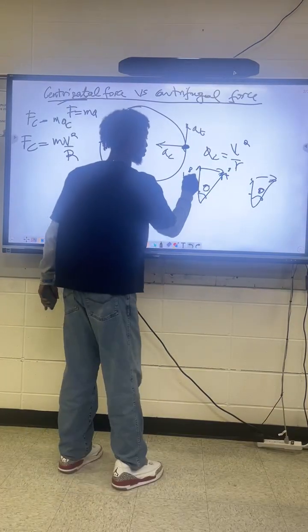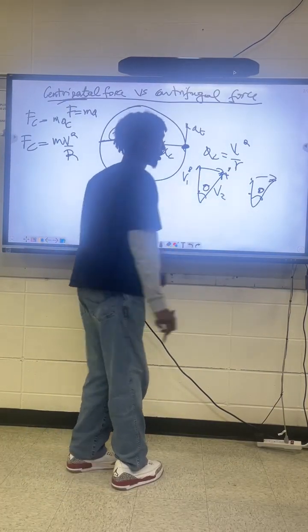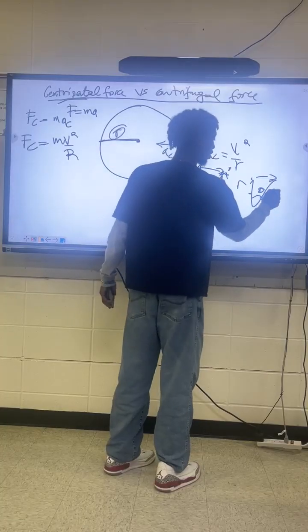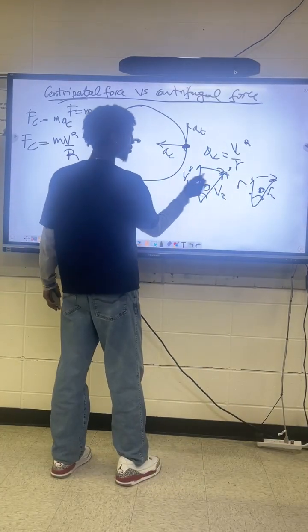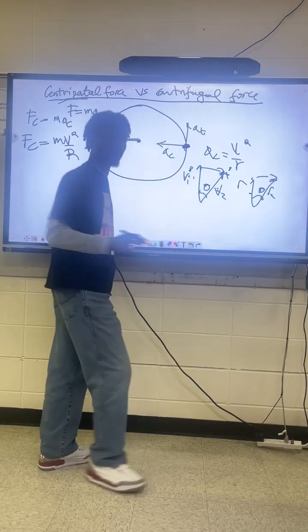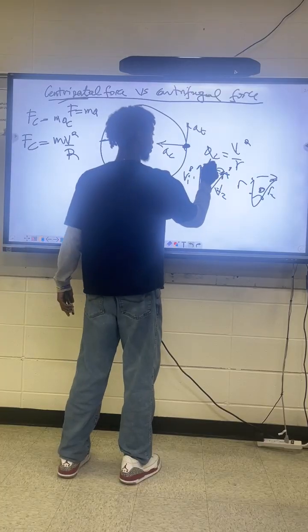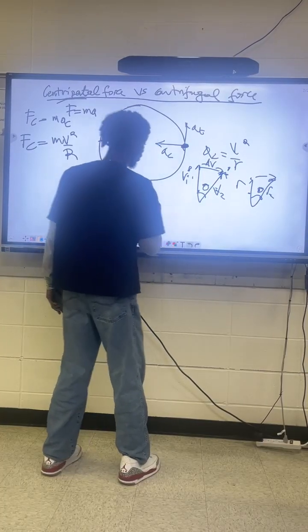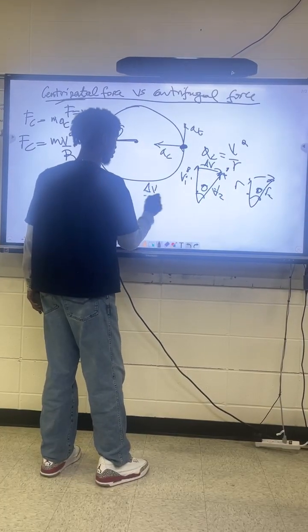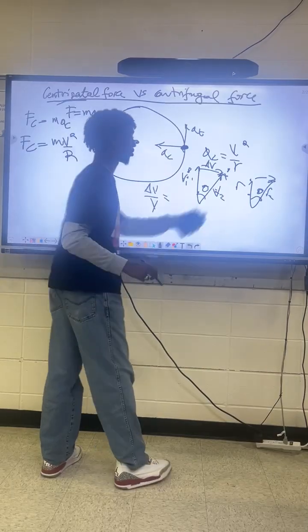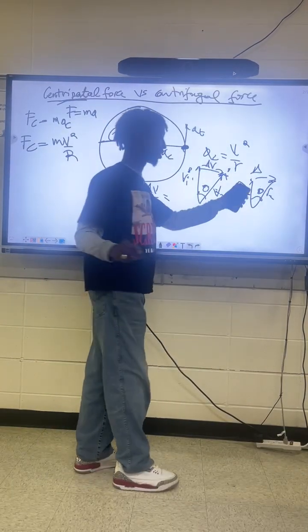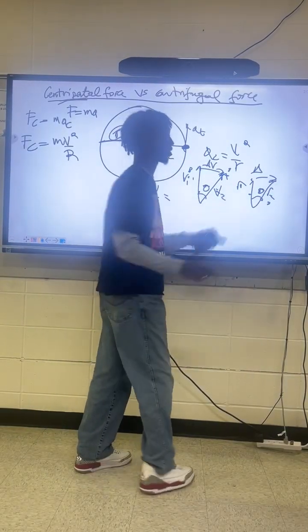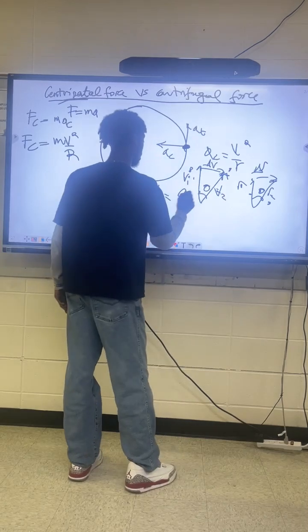We know that this is V1, this is V2, and this is R1, R2. And the difference between these two velocities is equal to dV. So dV over V is equal to the difference between the two r's, dr over r.